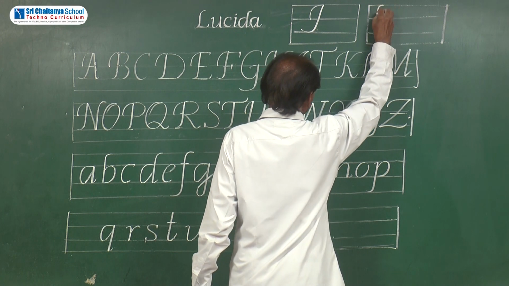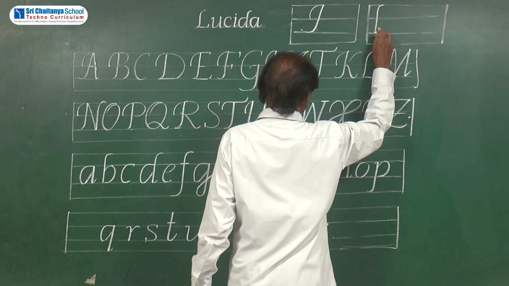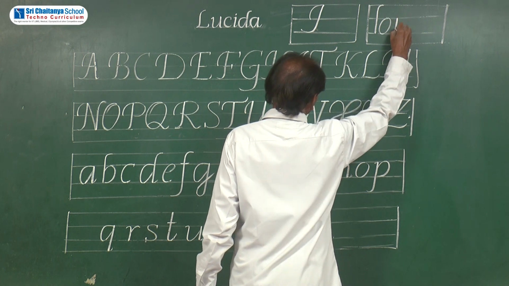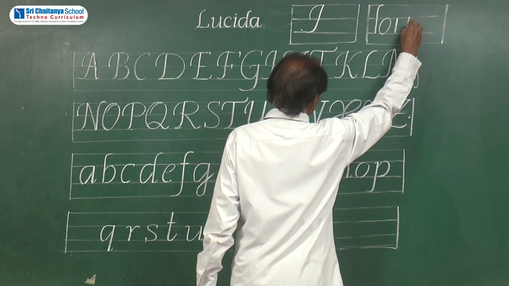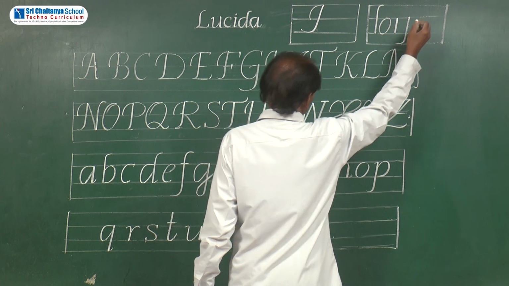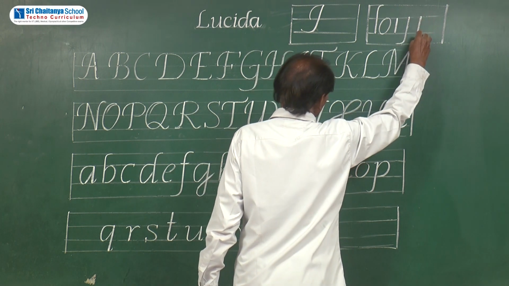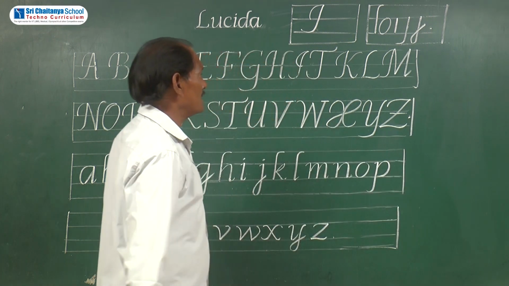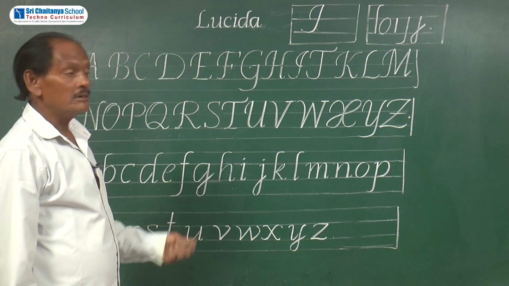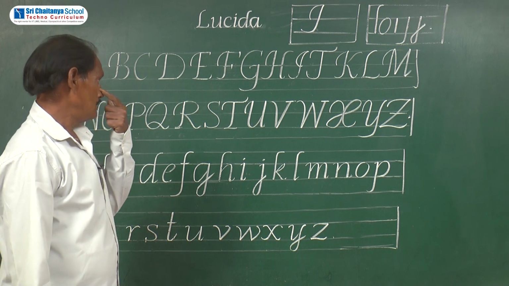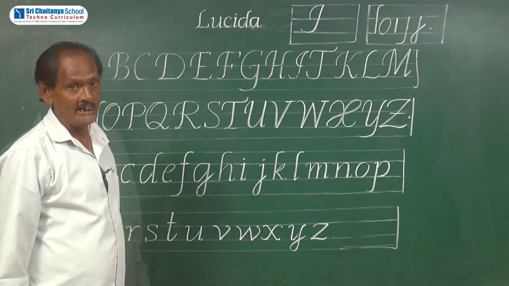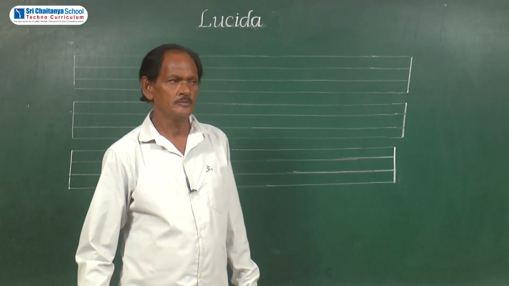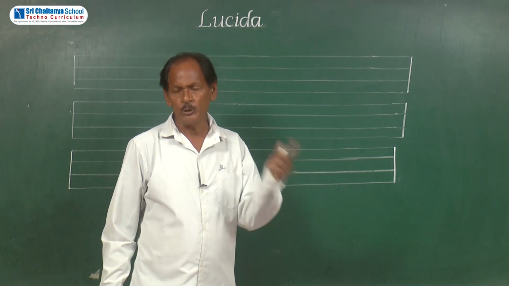One is the upper zone stroke, the second one is the oval shape, the third one is the middle zone stroke, the fourth one is the first lower zone stroke, and the fifth one is the second lower zone stroke. With the help of these 5 we can write the small letters also. Okay?